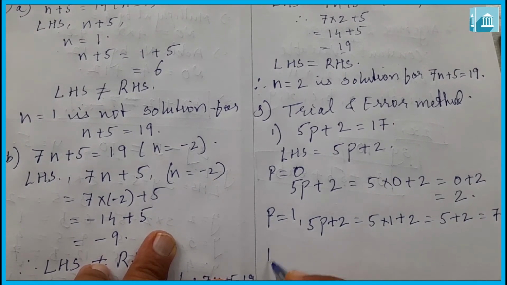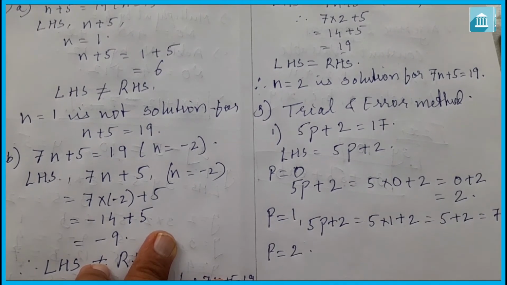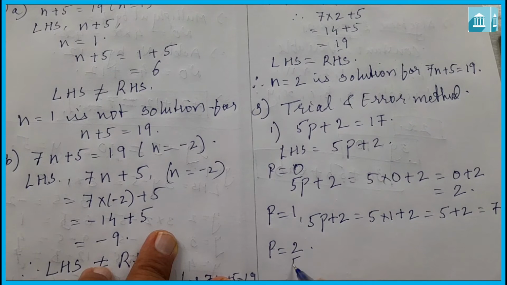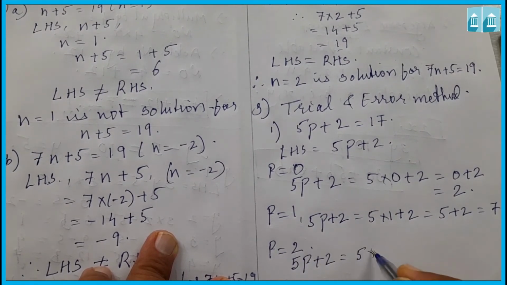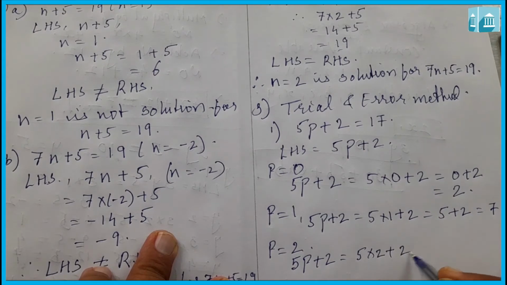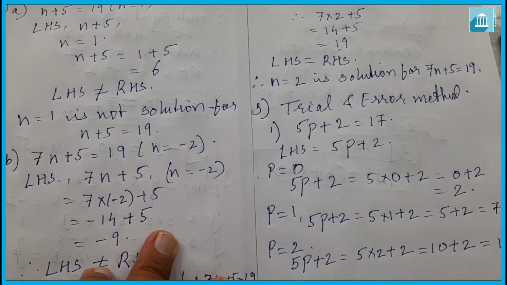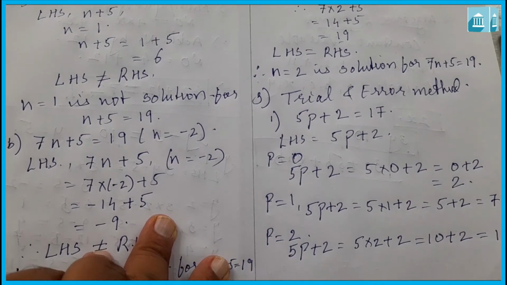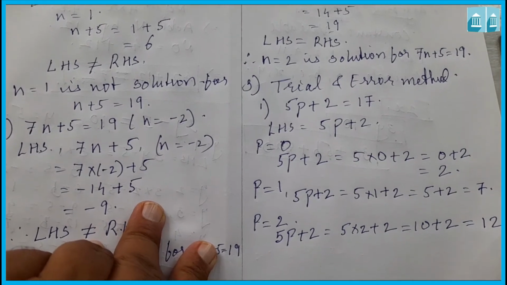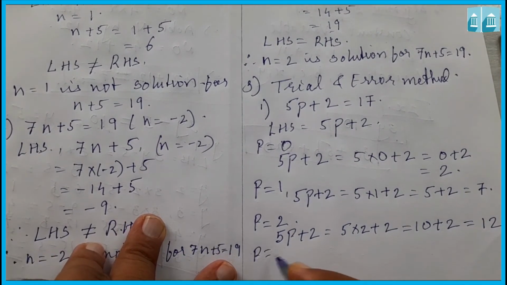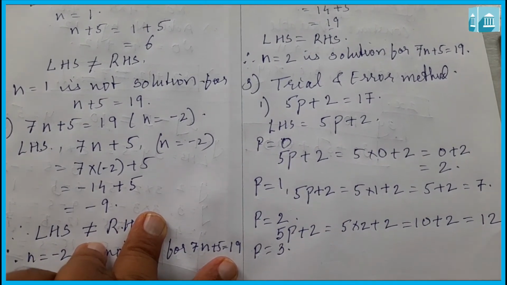Now let us see p is equal to 2. Then 5p plus 2 is 5 into 2 plus 2, that is 10 plus 2 equal to 12, so it is not satisfying. Then let us see p is equal to 3.